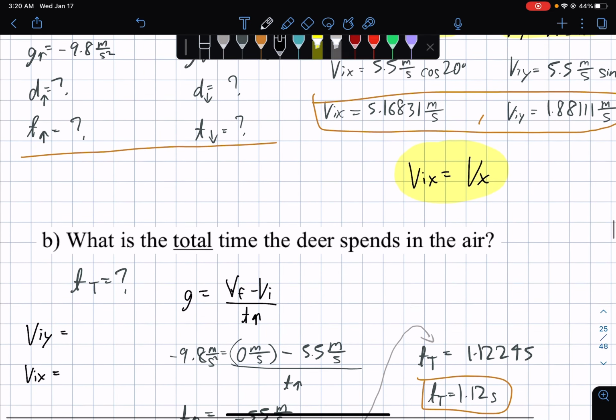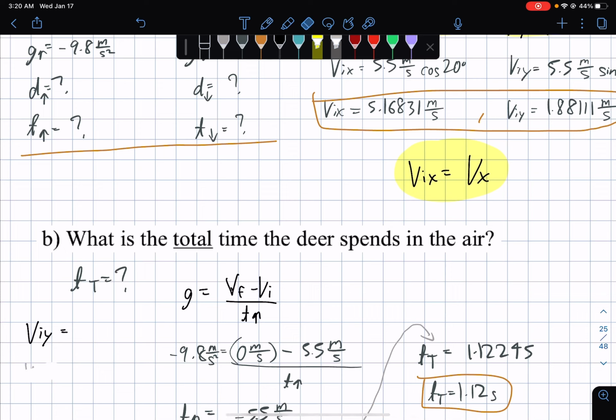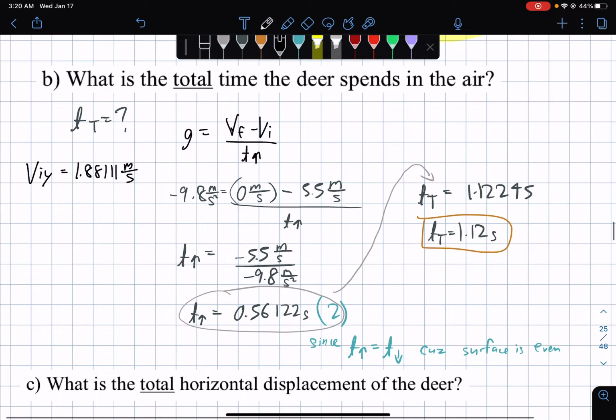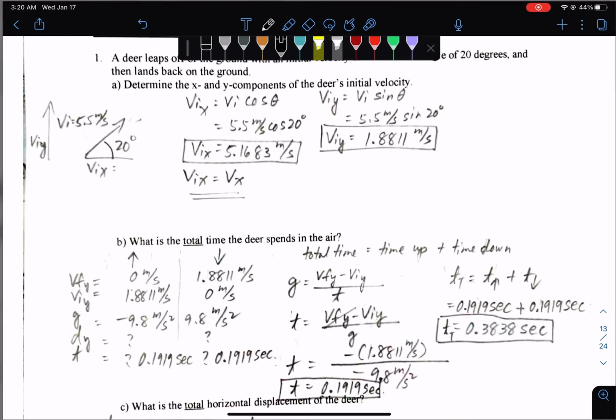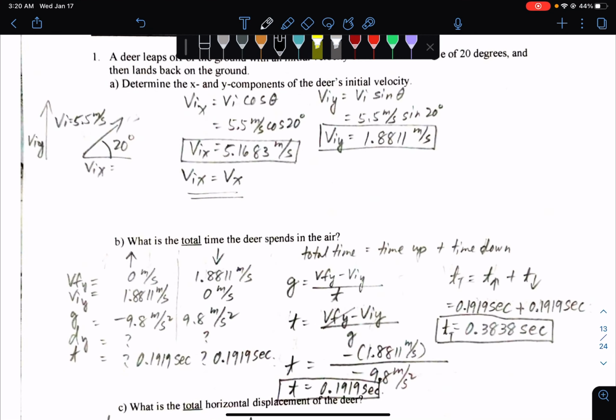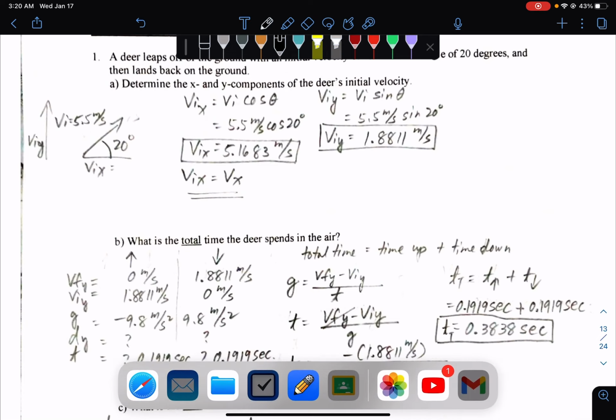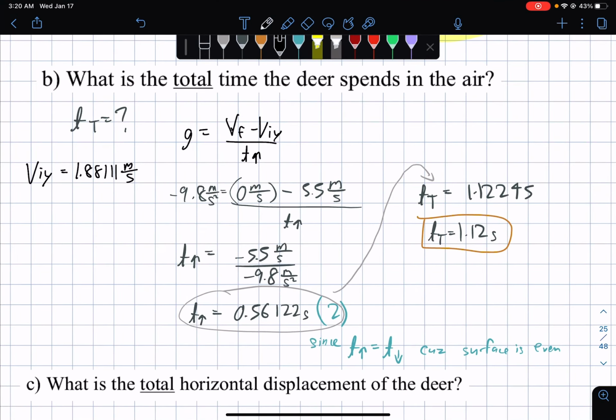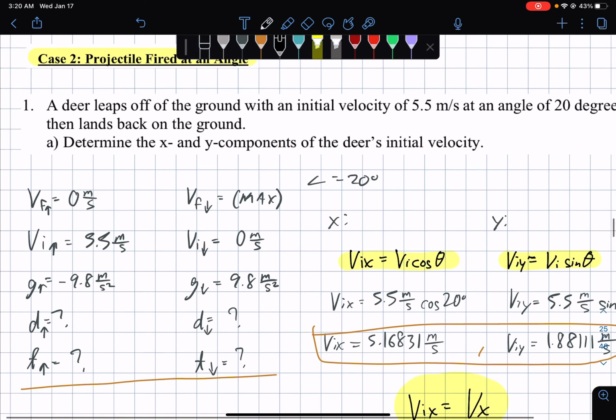Okay, so a while ago we computed for the VI. Let's just focus on the VIY. What is our VFY? Still 0. Okay, makes sense.